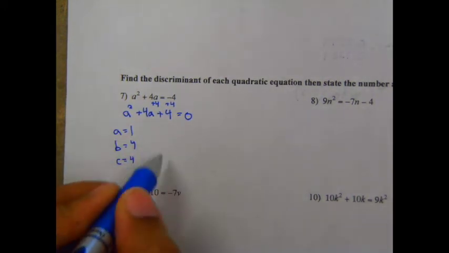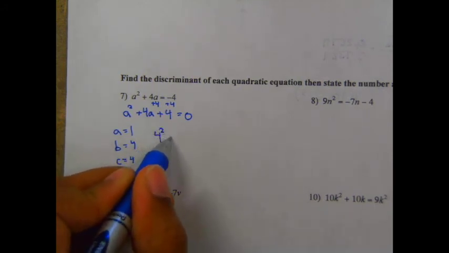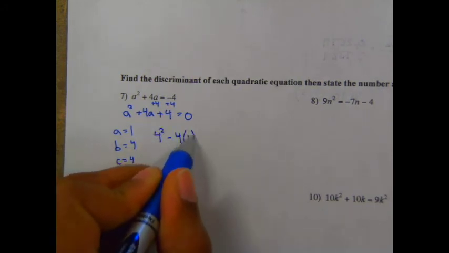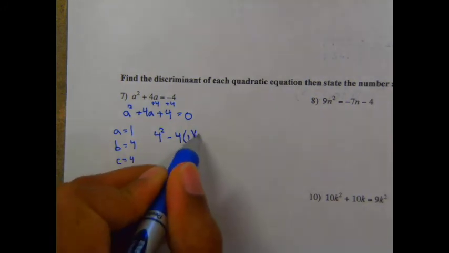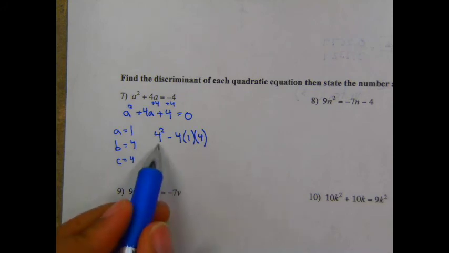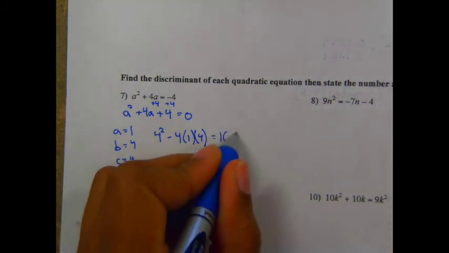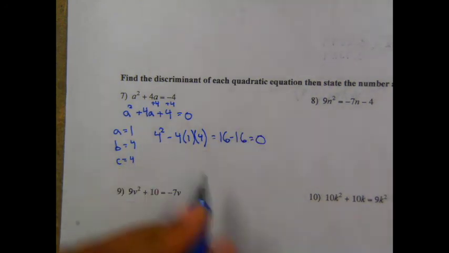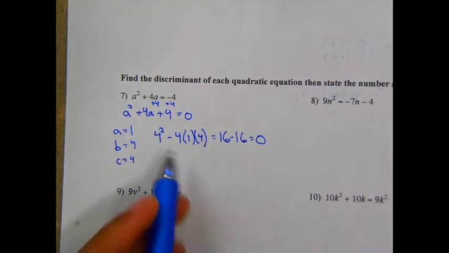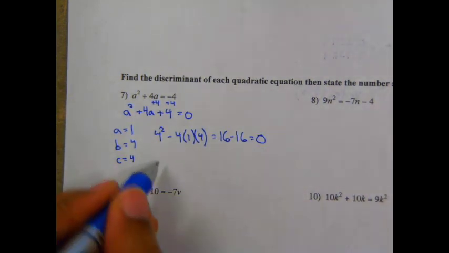Plugging into the discriminant, b squared minus 4ac, that's 4 squared minus 4 times 1 times 4, which is 16 minus 16. That's 0. Since I got 0 from my discriminant, that means there is 1 real solution.